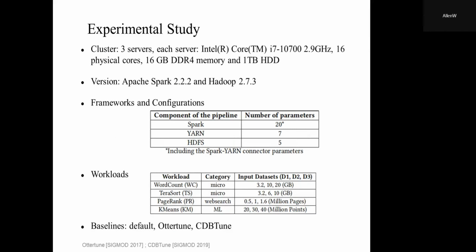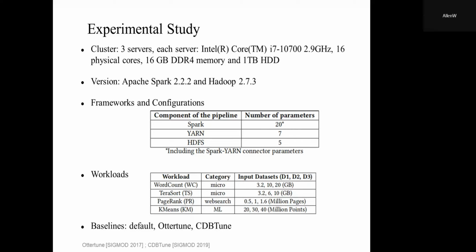In the experiment, we optimize a big data pipeline, including Spark, Yarn, and HDFS in a 3-node cluster, and we tune 32 configurations on them. We use 4 workloads: WordCount, TeraSort, PageRank, and K-means with 3 different data sizes each.